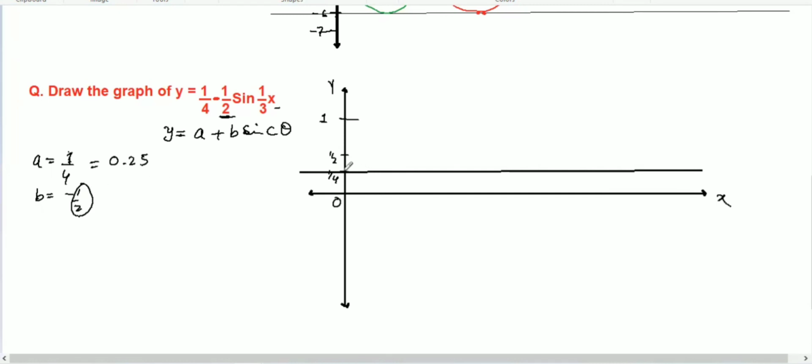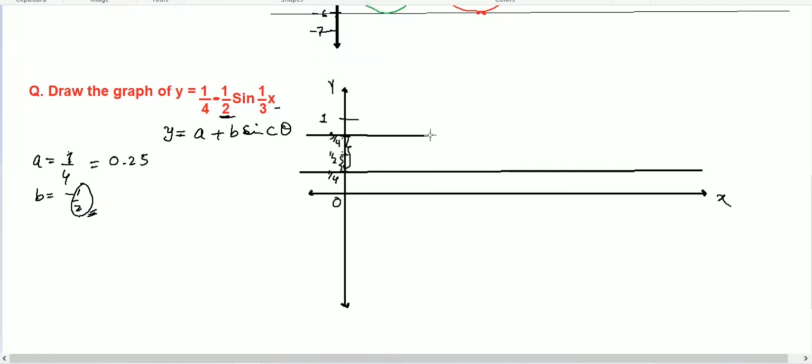So from the midway line, it will go up half. What will be the half here? From here, half. So this is 1 over 4, this is 1 over 4 till here. Again, this will be 1 over 4, and these two distances together will be 3 over 4, but we need half above the midway line. So this is the maximum value.